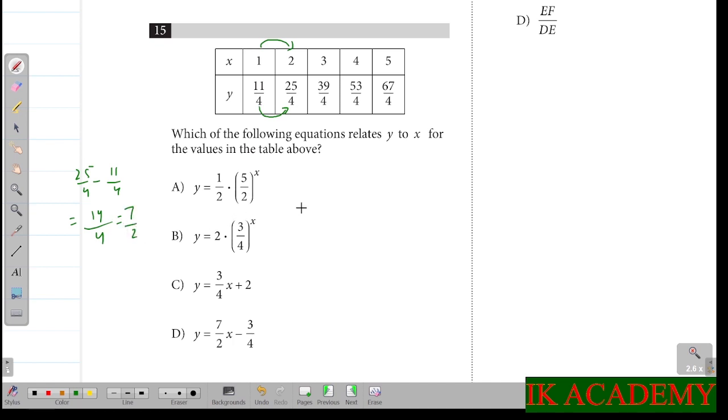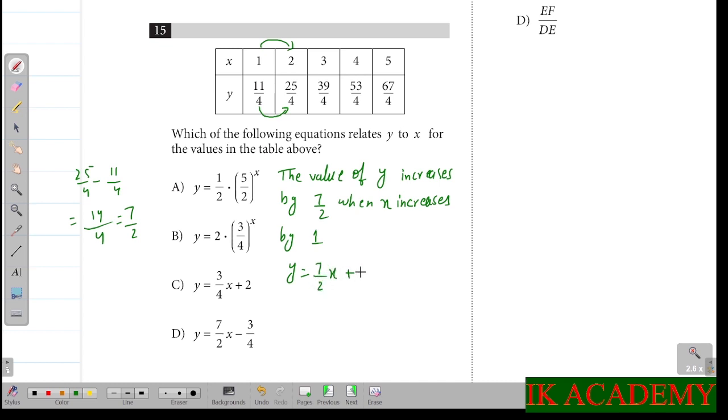So it means the value of y increases by 7 by 2 when x increases by 1. So we can present this relation in the equation y is equal to 7 by 2 times x plus c, which is equation number 1, where c is the constant.